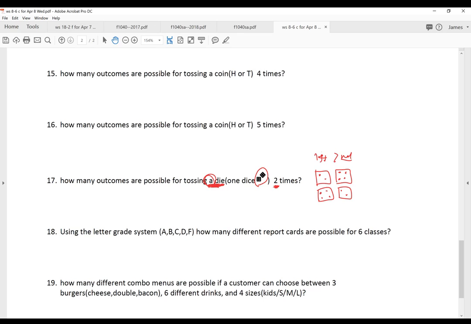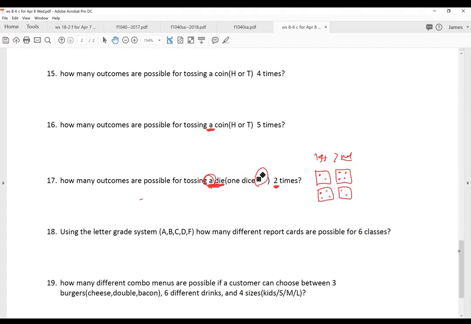So these two should be counted differently. Just like the boy girl problem, first child is boy, first child is girl. It's a different situation. So when you're tossing 1 coin or 1 die, you have to record each toss, so it will be counted differently.